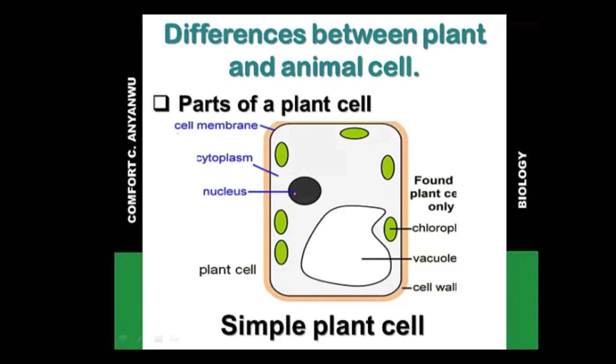In addition, there are other organelles, such as the cell wall, the chloroplast, and then the vacuole. These are not present in animal cells.